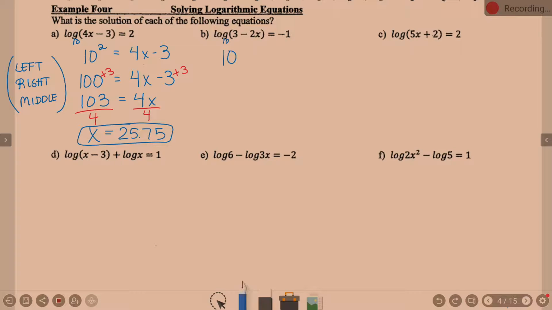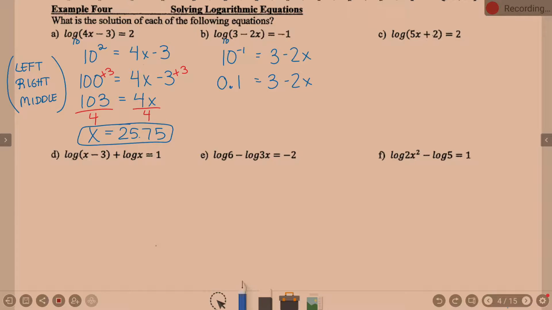So the base of 10 raised to the negative 1 on the right is equal to whatever's in the middle, which is inside your log, 3 minus 2x. What is 10 to the negative first? 1/10. If you make it a fraction, it's 1 over 10. You could also think of that as a decimal, 0.1.